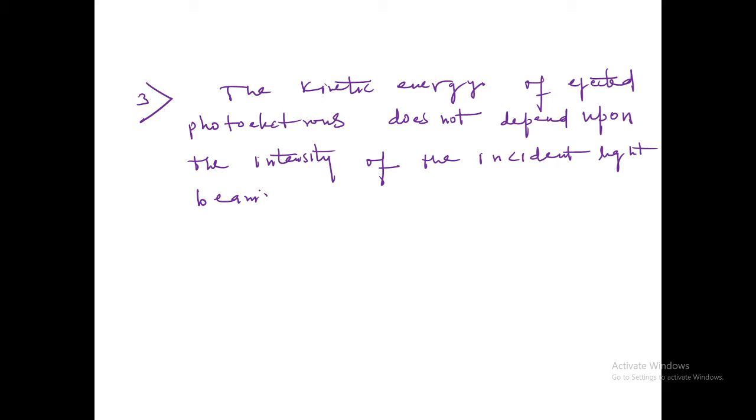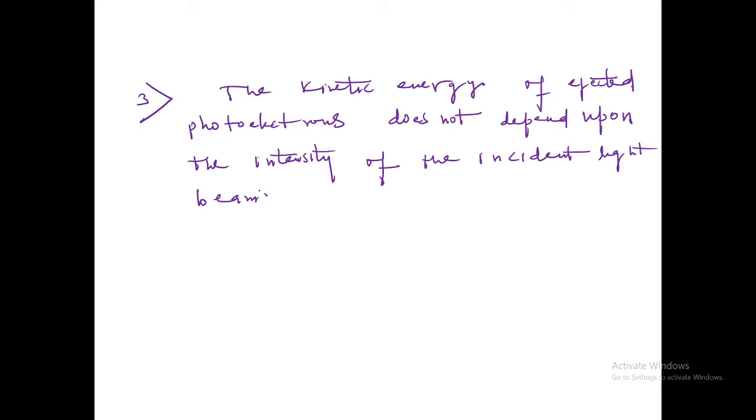So these observations were tried to be explained with the help of the then accepted wave character of light, but we couldn't give a satisfactory explanation for any of the above mentioned experimental observations on the basis of the wave theory of light, because according to wave theory it takes appreciable time for energy to be transferred to the metallic surface by the light wave through wave matter interaction.